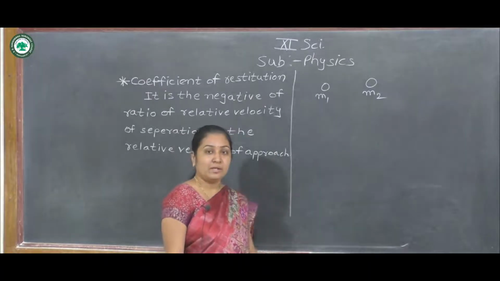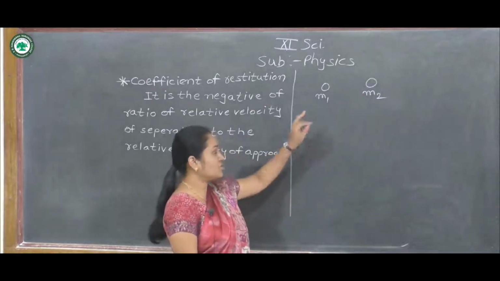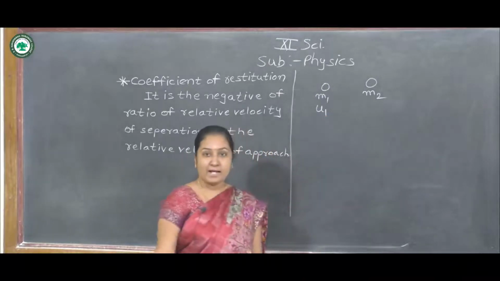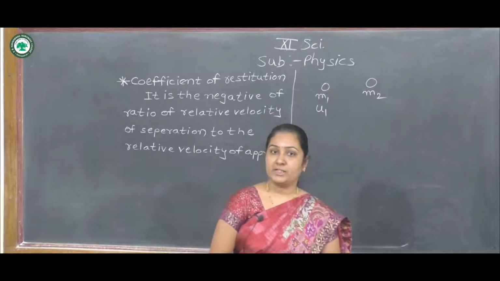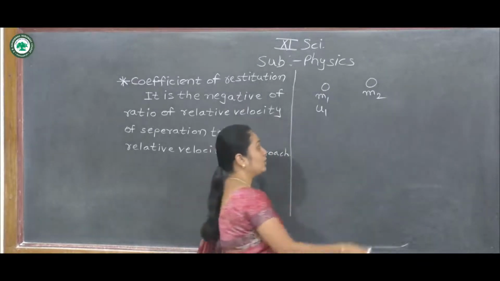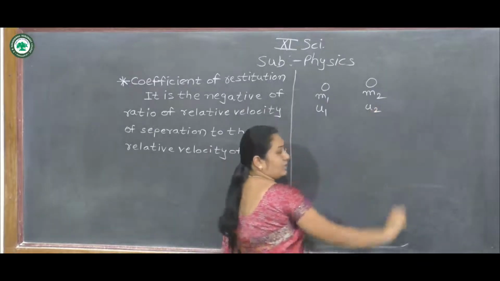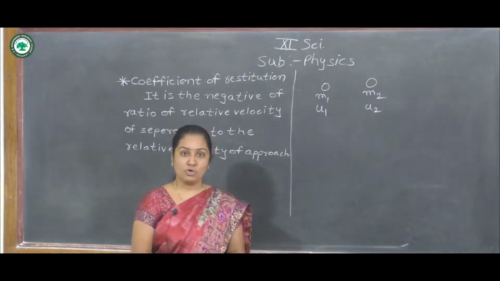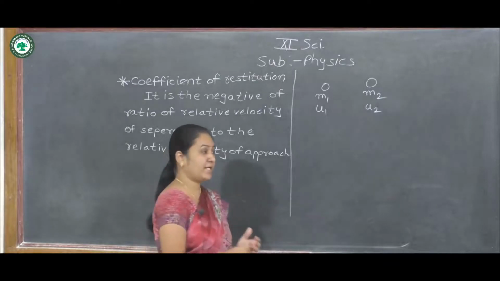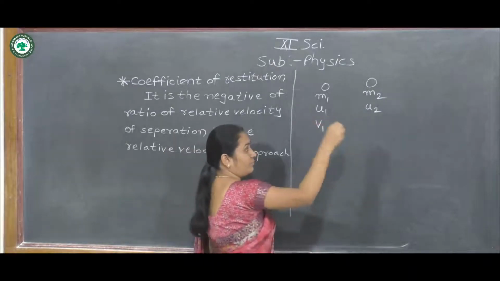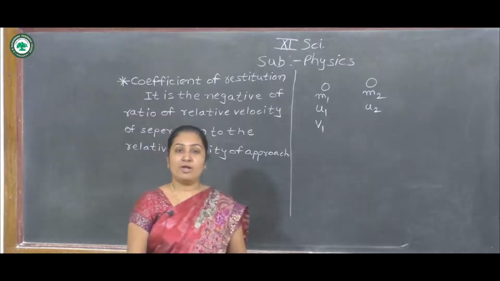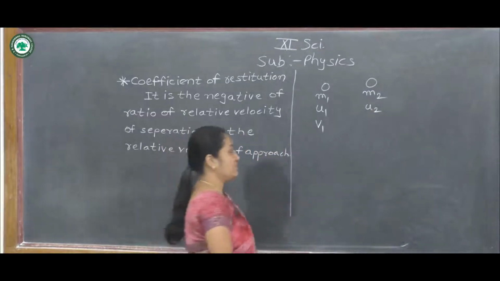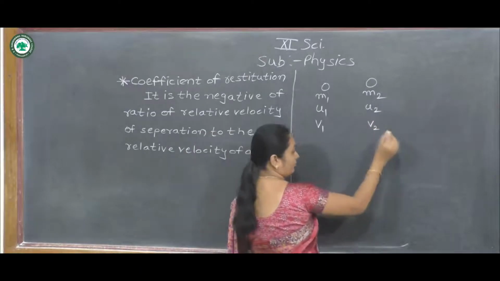Then the initial velocity of the first object is u1 and the initial velocity of the second object is u2. Similarly, the final velocity after collision of the first object is v1 and the final velocity after collision of the second object is v2.